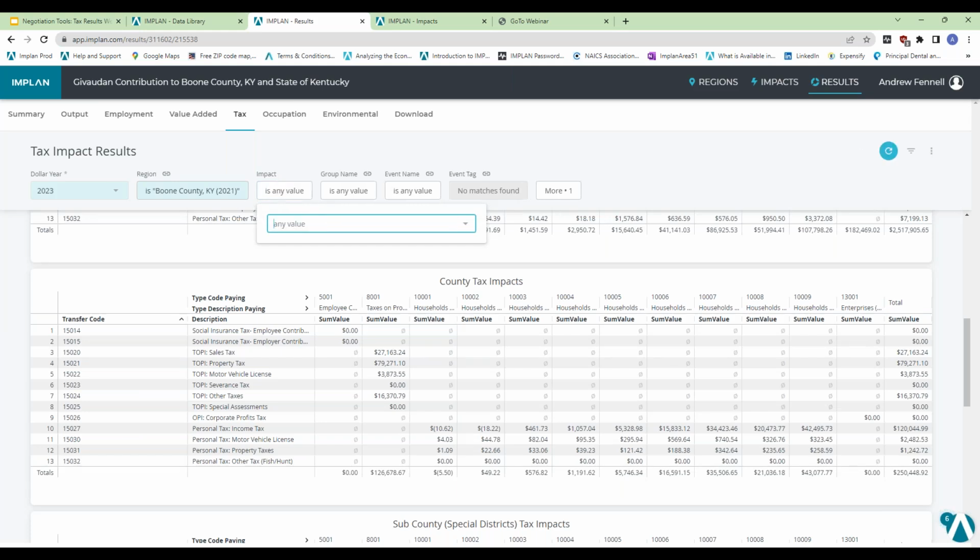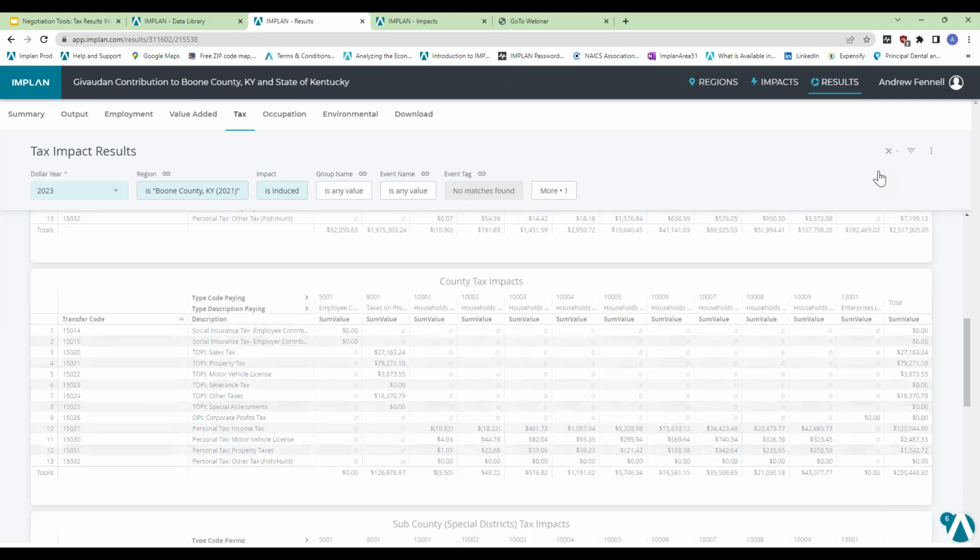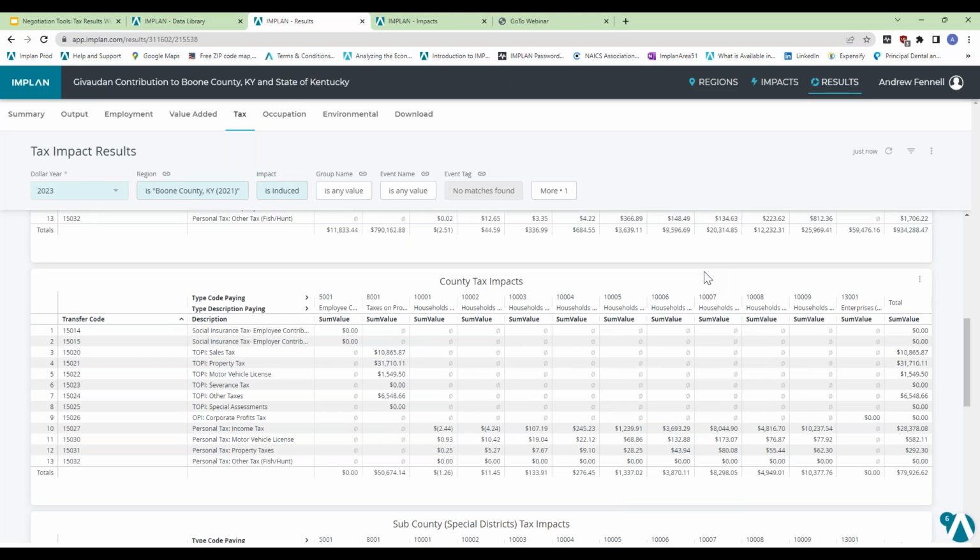Similarly, if I look at only my induced taxes, the induced taxes in IMPLAN are from households, their paychecks that they're earning directly or indirectly at local businesses within the county. These would be people paying sales tax at the grocery store, or when they buy clothes for their family at retail clothing stores, they're paying local sales tax at the county level.